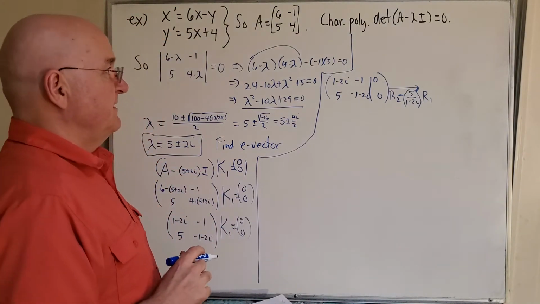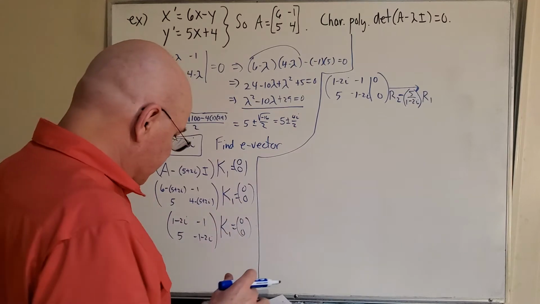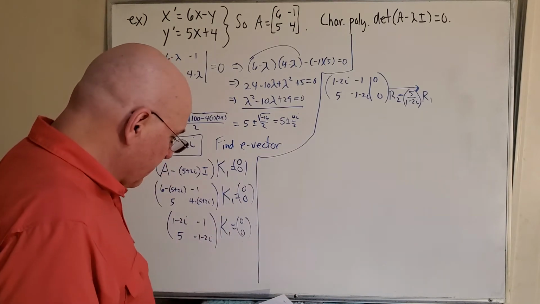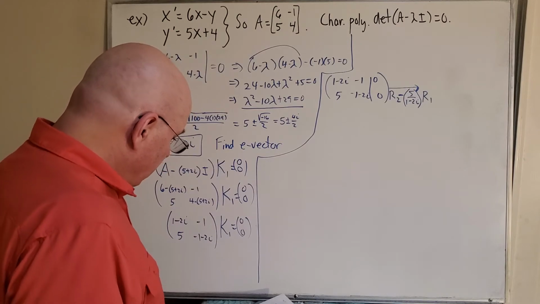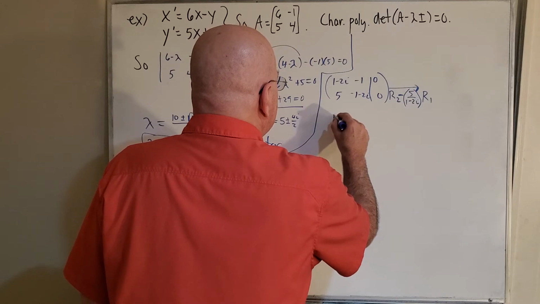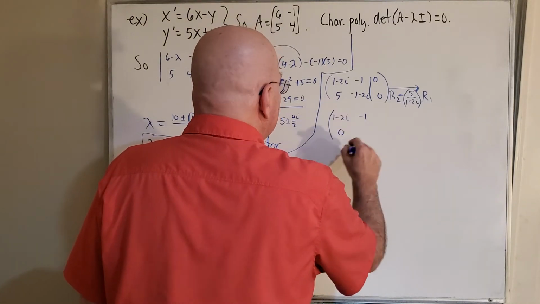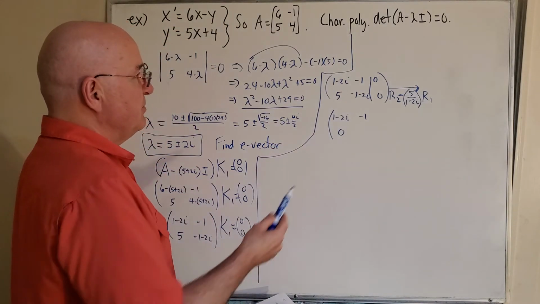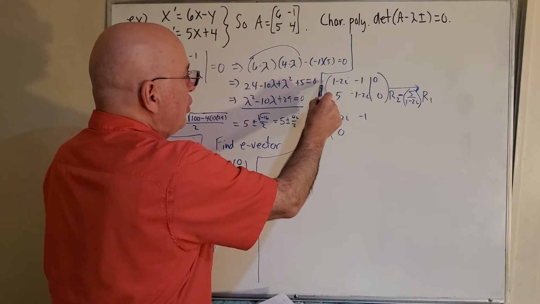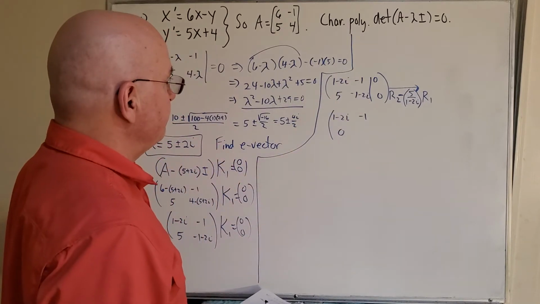Looks like a tough row reduction just because of the complex numbers, and we have a fraction with complex numbers in the denominator. Okay, what's that going to give us? The top row is not going to change. I know it's going to give us a 0 there. That's why we chose that as the multiplier. If you multiply 5 over 1 minus 2i, that cancels and leaves you with just the 5.